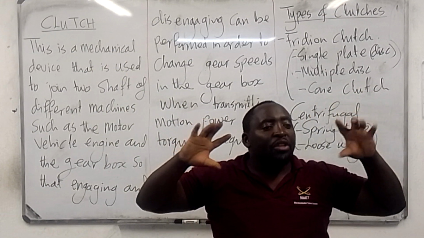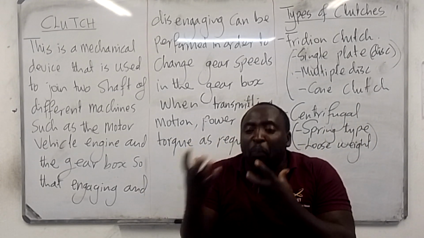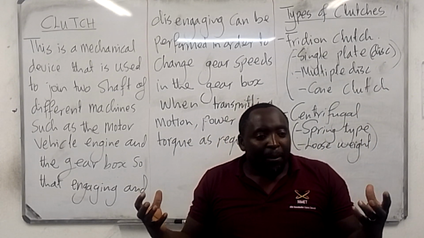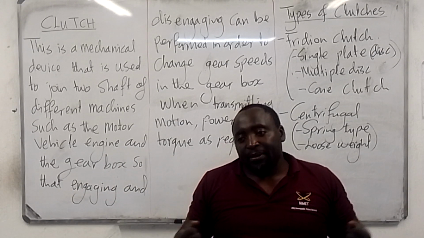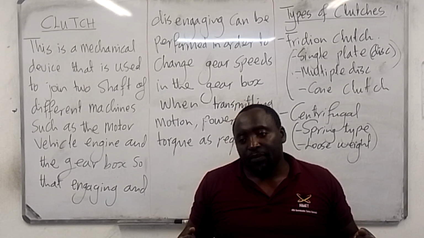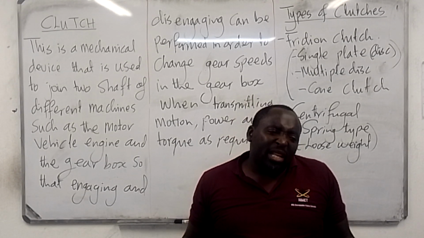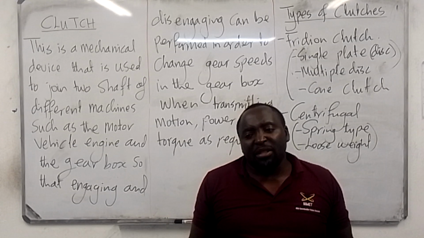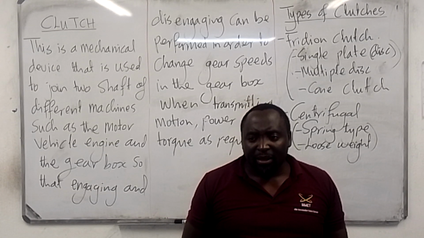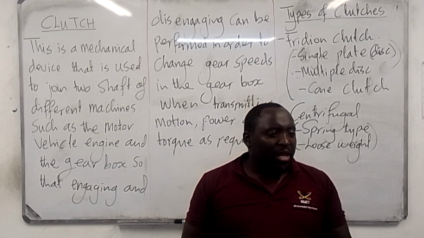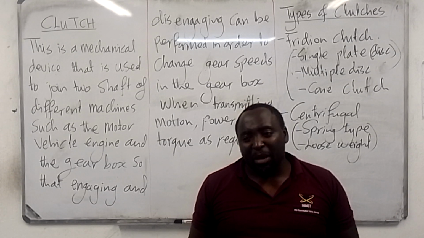So we have got the spring type and the loose weight. Where would you apply the centrifugal? Mostly they use them in automatic cars, the ones where you don't use gears.